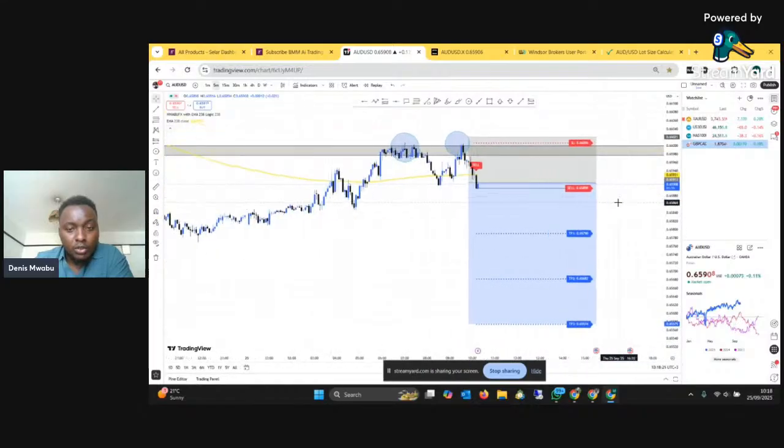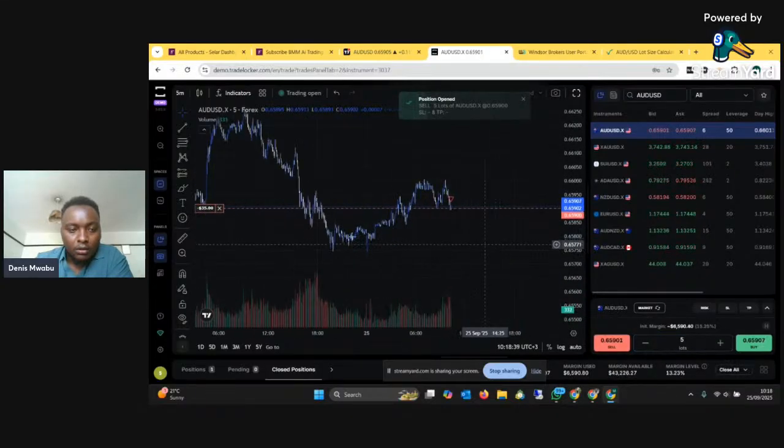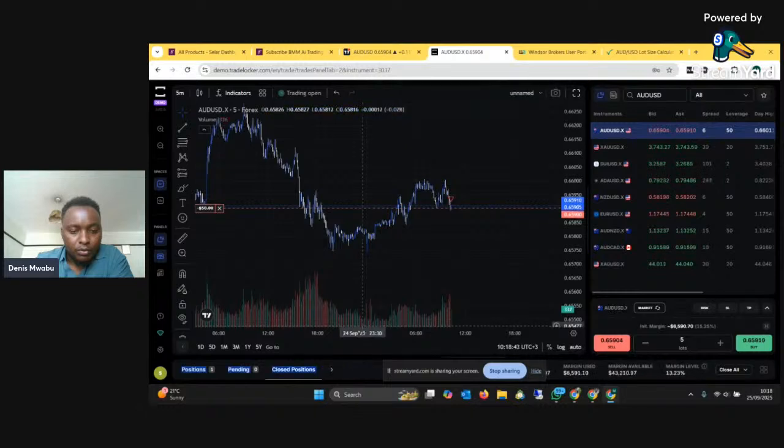AUD USD, lot size of 5. I think it's selling there. Put my stop loss.